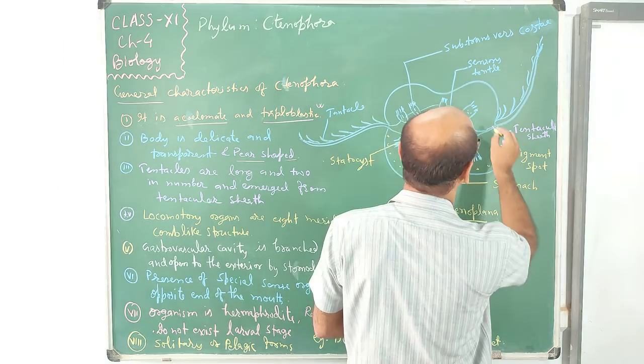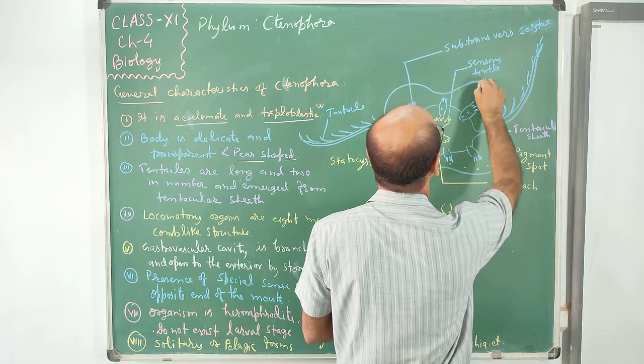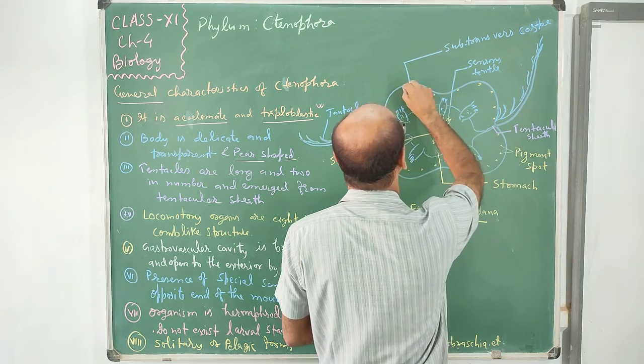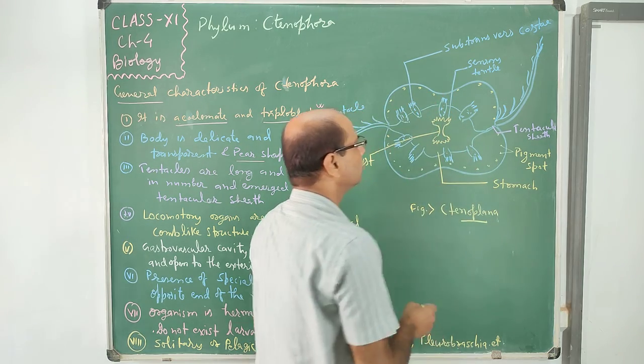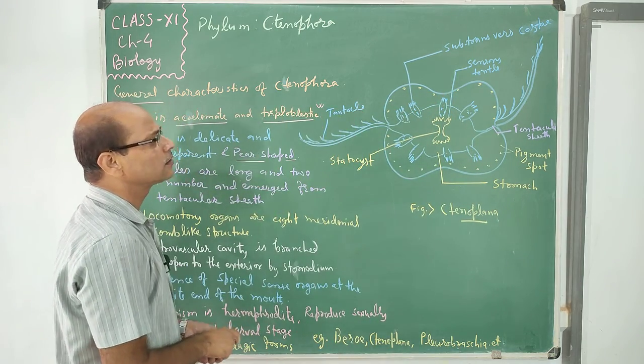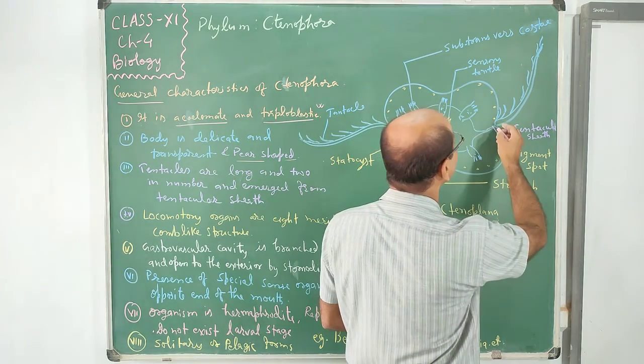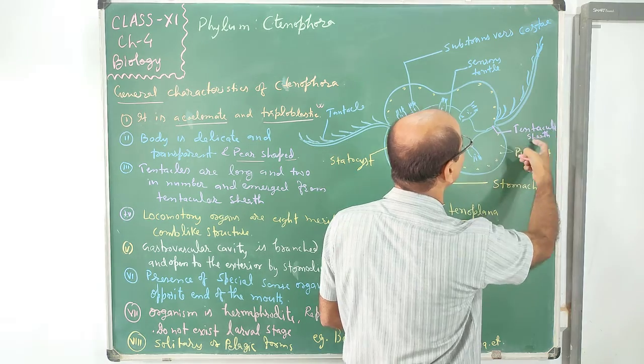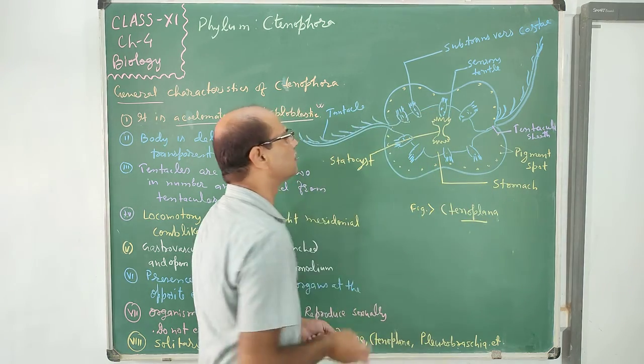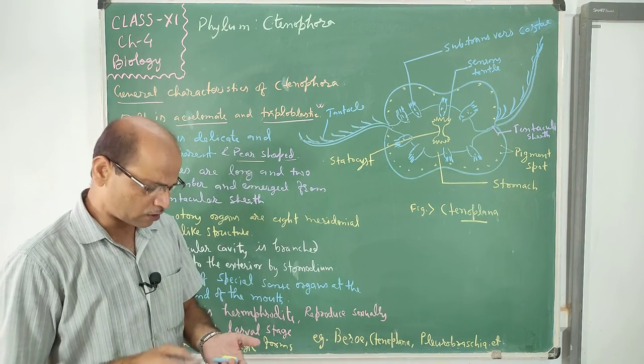These are the pigment spots. This is the structure from where the tentacles come out. It is called the tentacular sheath. This is also a tentacular sheath from where tentacles come out.